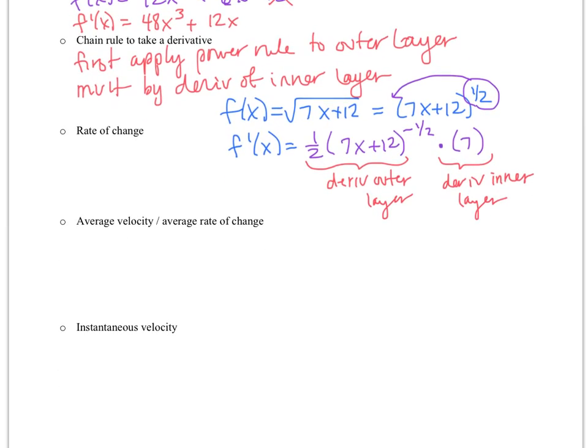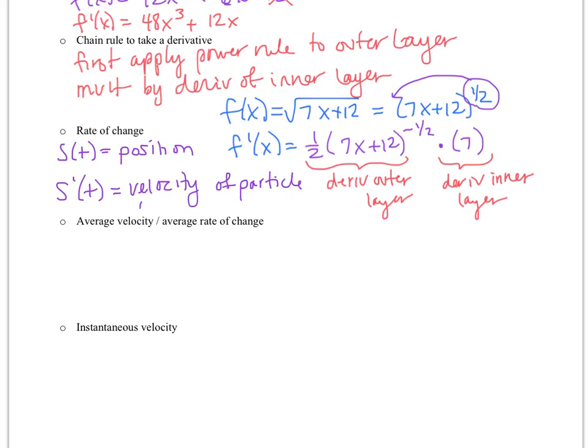When we talk about rate of change, that is basically another way that we can talk about our slope. And we talked about how our position equation is represented by s of t, and the derivative of that, s prime of t, is equal to our velocity equation. So it's the velocity of the particle or item or whatever it is that is moving at a given time t.